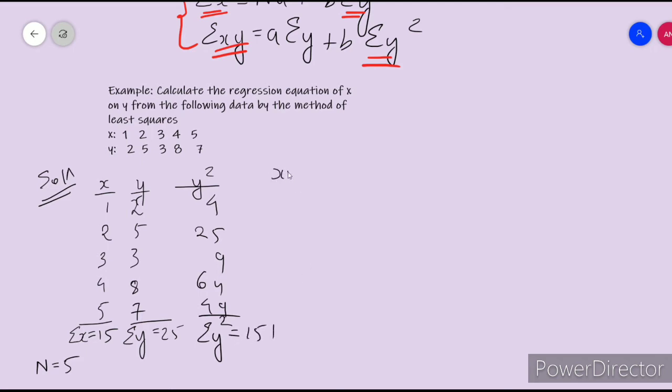We also need summation xy, which means you multiply x and y: 1 2 is 2, 2 5s are 10, 3 3s are 9, 4 8s are 32, 5 7s are 35. So the sum of this is equal to 88.